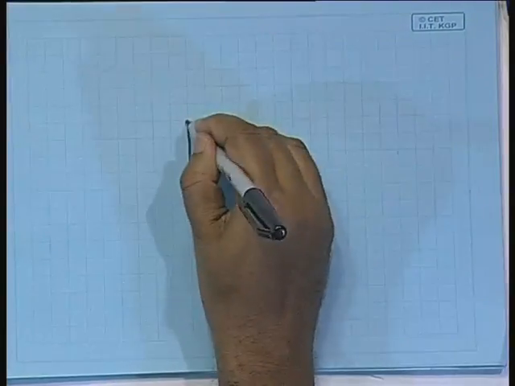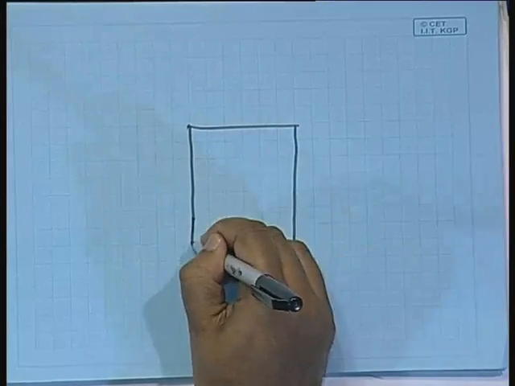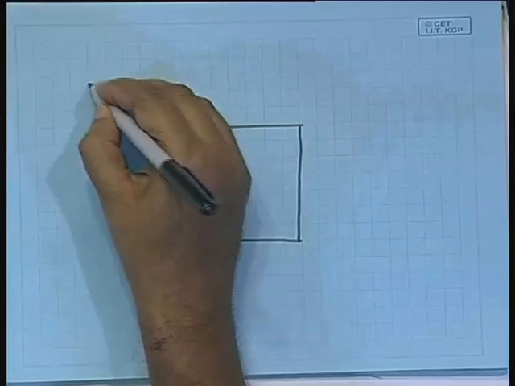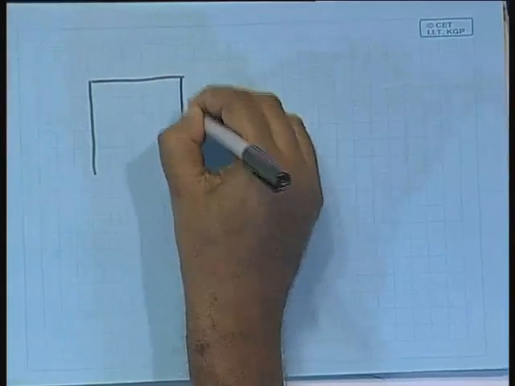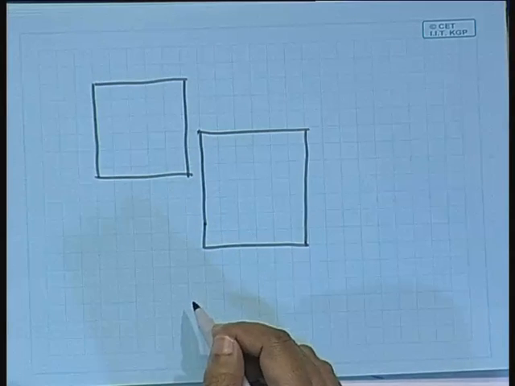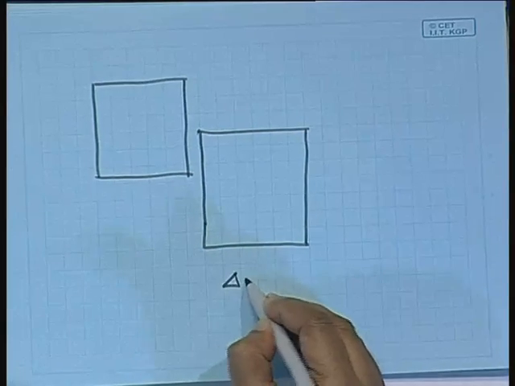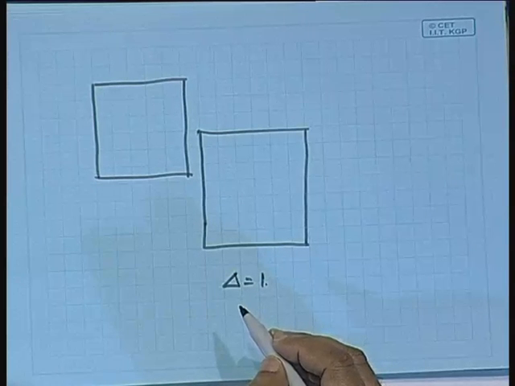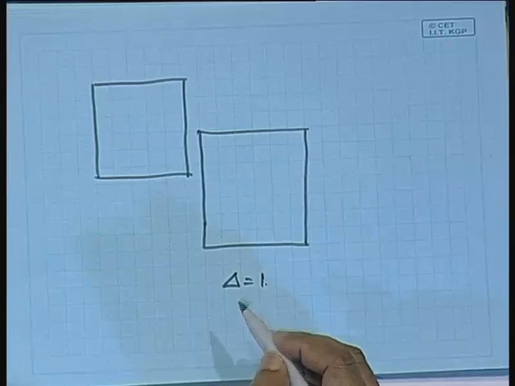What I mean to say is that if this is the candidate frame, and we are having a motion estimation with respect to the immediate past frame, then what we are using is delta equal to 1. Delta equal to 1 means a delay of only one frame.